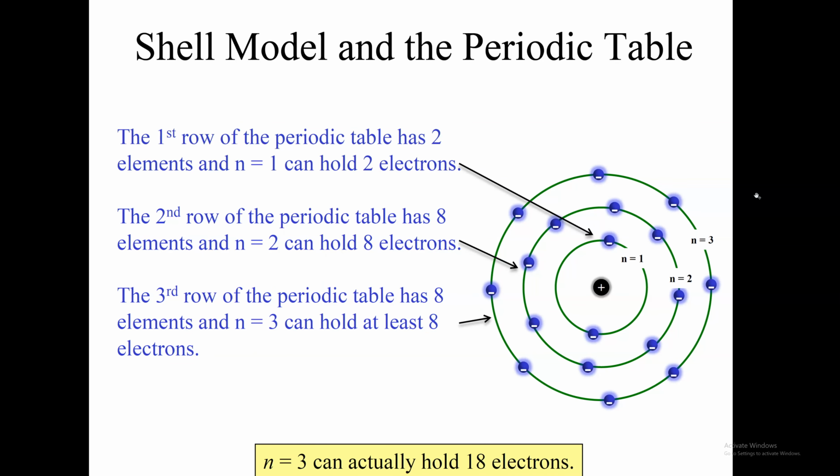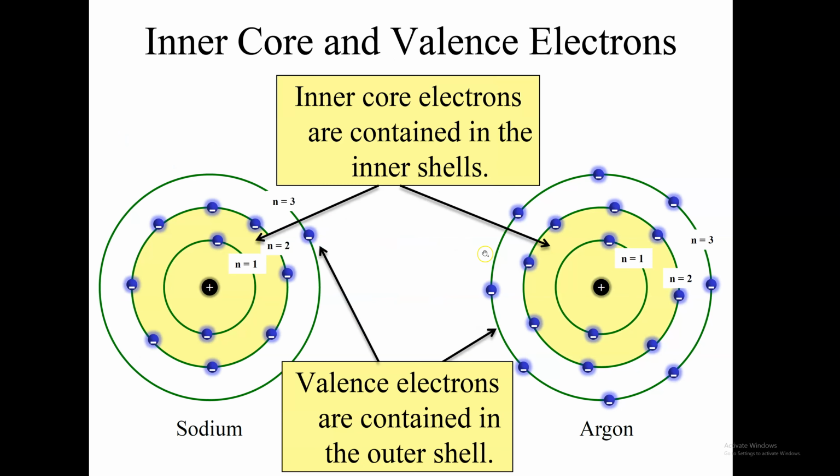The first row has two electrons, a full shell with helium. Second row, we have neon with 8, and so on. Level 3 can actually hold 18 electrons max, and as you add in these suborbitals, electrons can fit in a lot better.